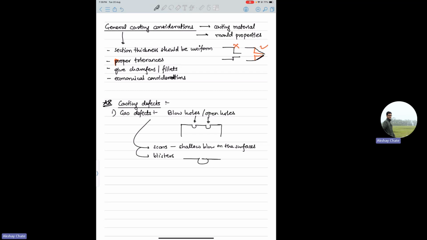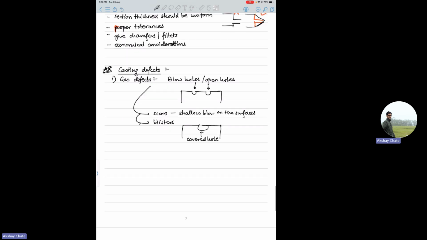It's not completely open. From the top it will look small, but it is a covered hole. From the surface it will look small, but if you dig slightly, it will be pretty big just underneath the surface.